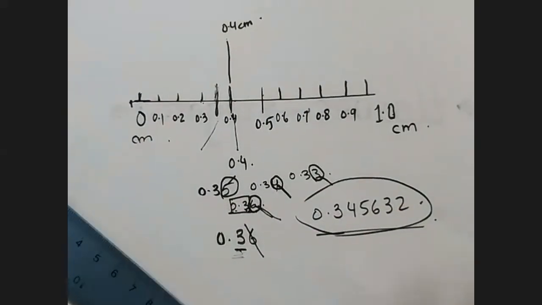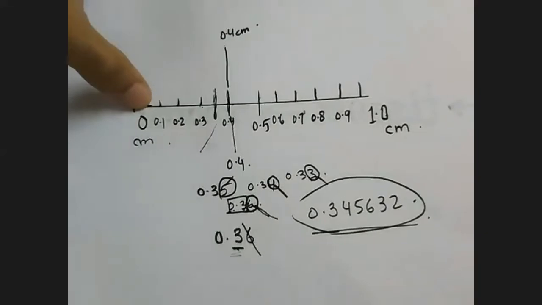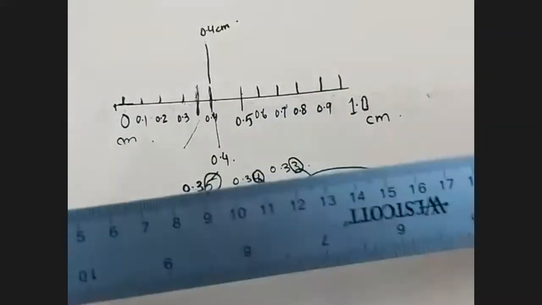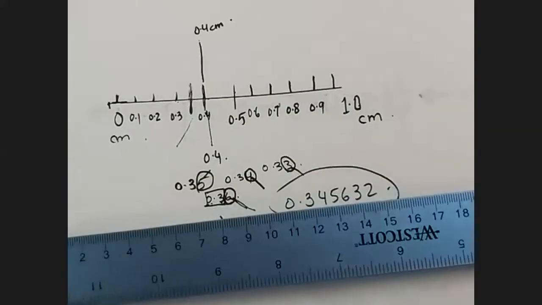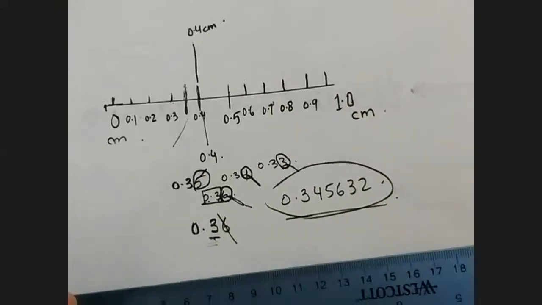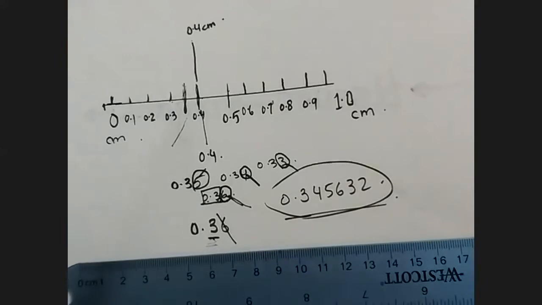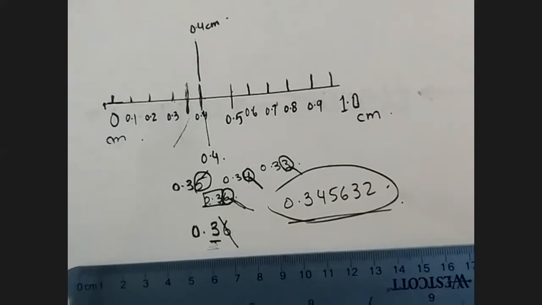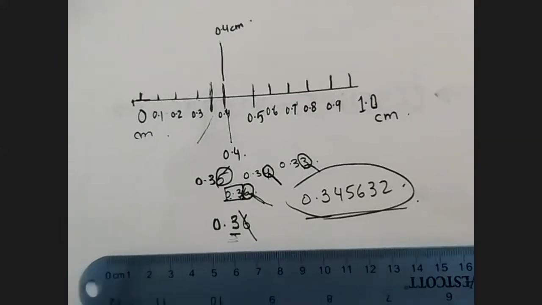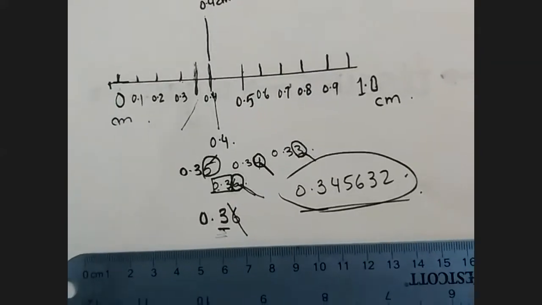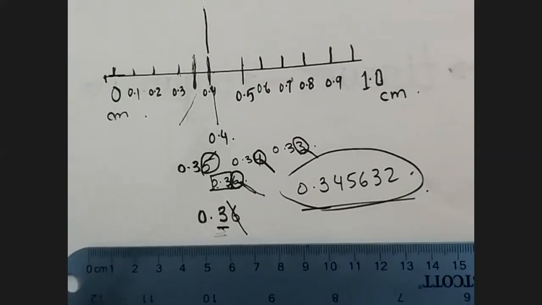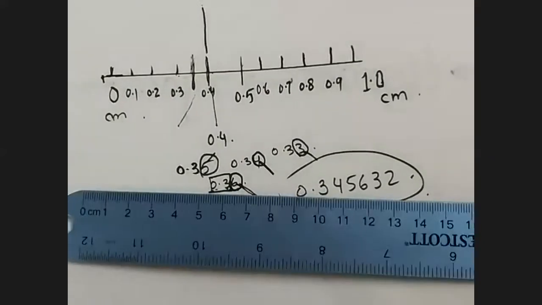Having understood this, this is a limitation of this meter ruler. In the same way, we can increase the accuracy by using more accurate apparatus such as a micrometer or a vernier caliper. Those are more accurate instruments to measure length, but still they are not 100%.